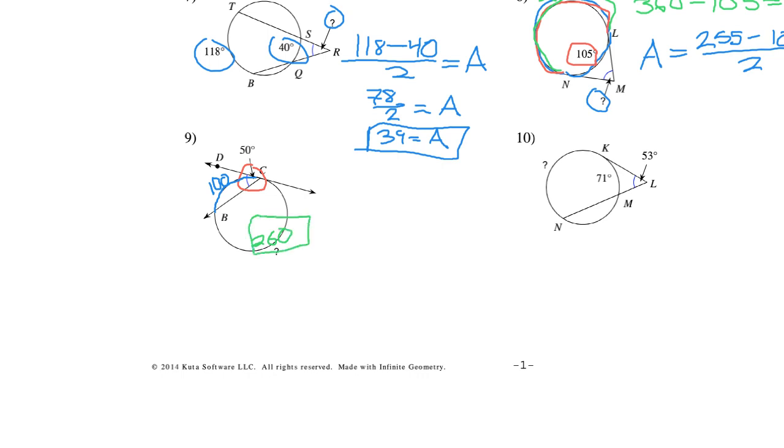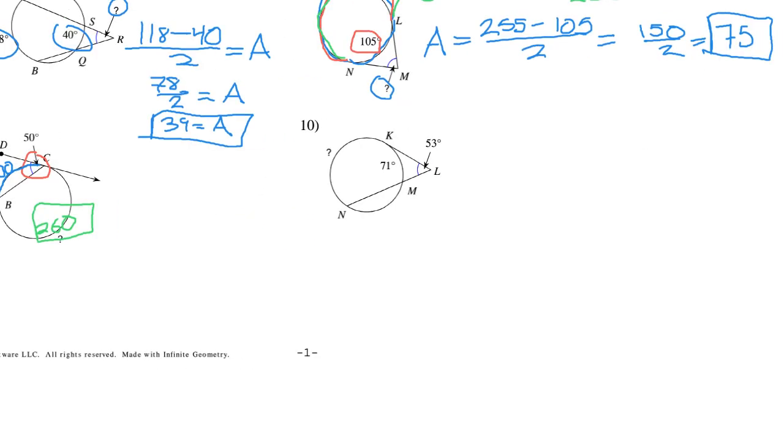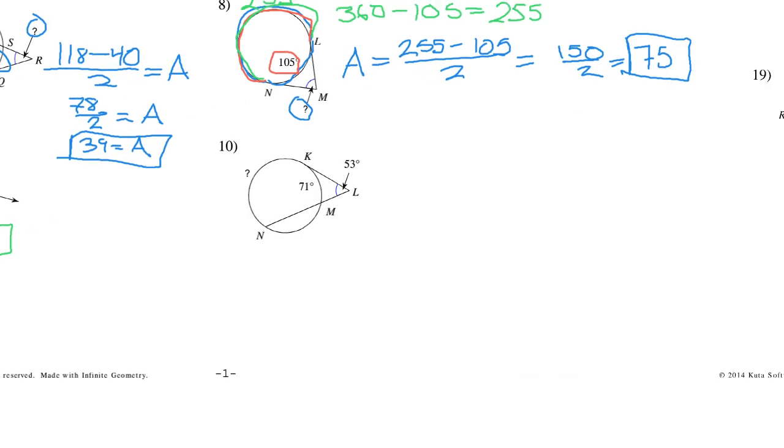Okay, let's look at this last one. Now here we have another great case of the subtractions. So what we're going to see is that the small arc is 71 degrees. We've got this angle labeled here as 53 degrees, and we have this big arc out here that we don't know what it is. So I'm going to say x minus, let's color code this, why not, 71, and sticking to the formula, divided by 2, that's going to equal 53 degrees.